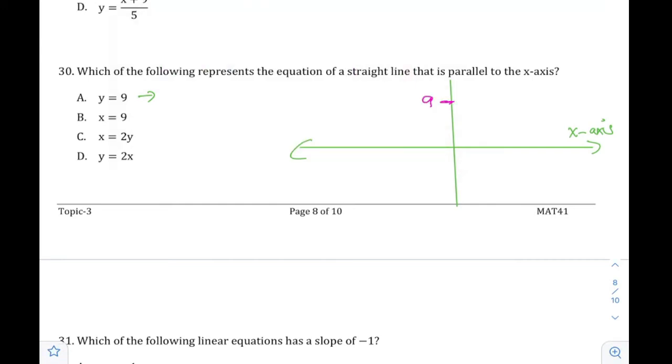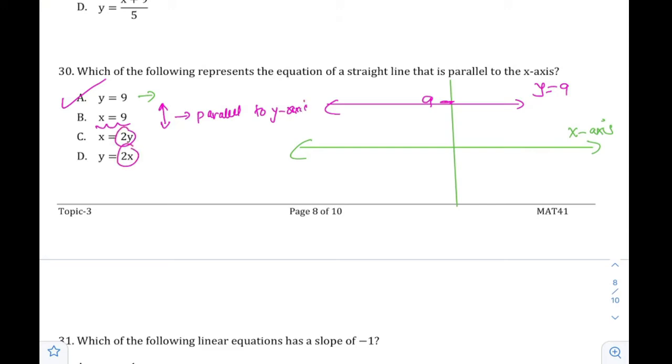If this is 9, this is your y equals 9, because y is always 9 regardless of the value of x. So y equals 9 is a horizontal line, always horizontal, and it is parallel to the x-axis, right. But this one, for example, is vertical. It is parallel to the y-axis.